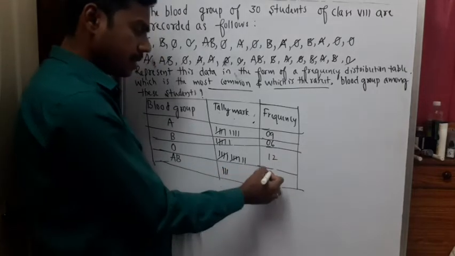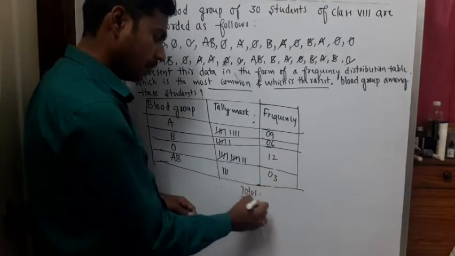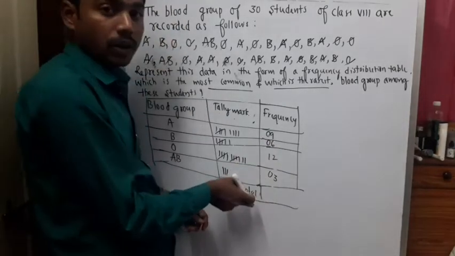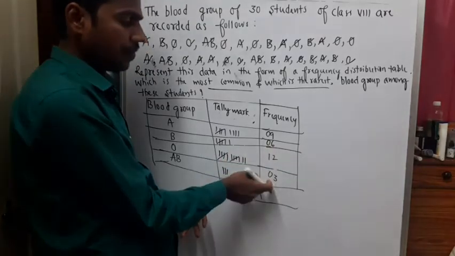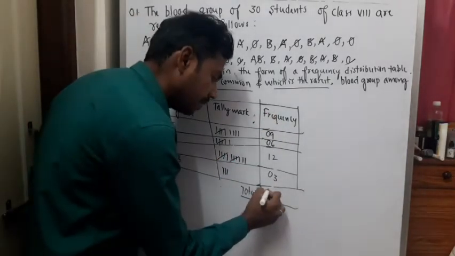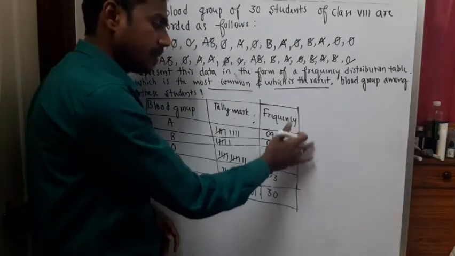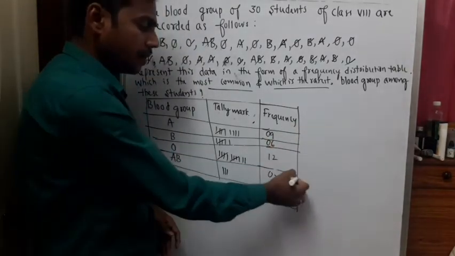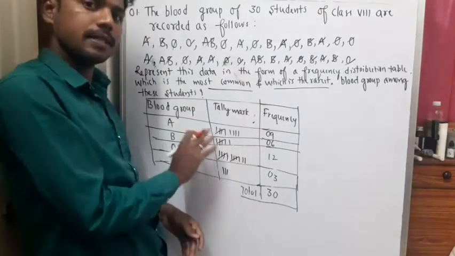Then AB is 3. So the total, when we put together, should be equal to 30. 9 plus 6, 15, 12 plus 3, 15, 15 plus 15, 30. So the frequency matches the total number of students. The frequency distribution table that we have drawn is correct.